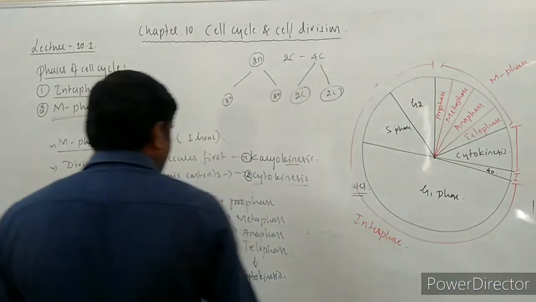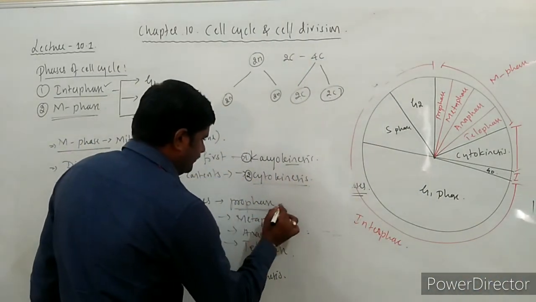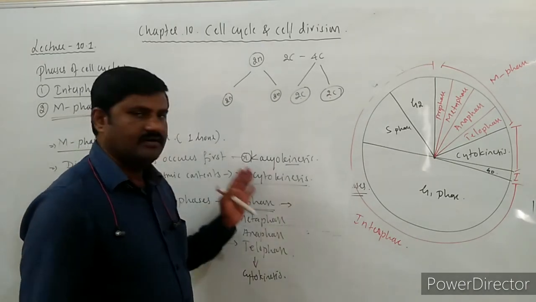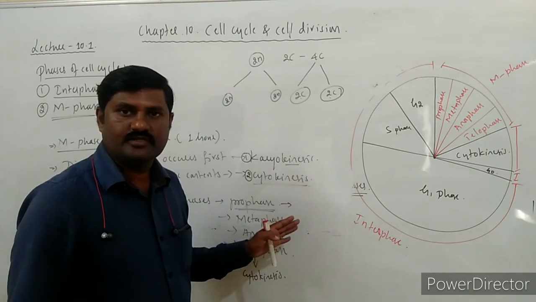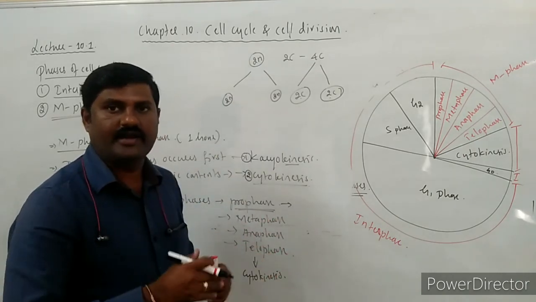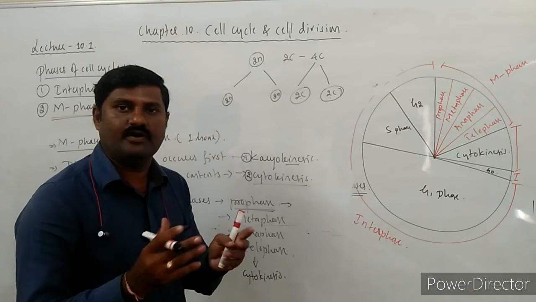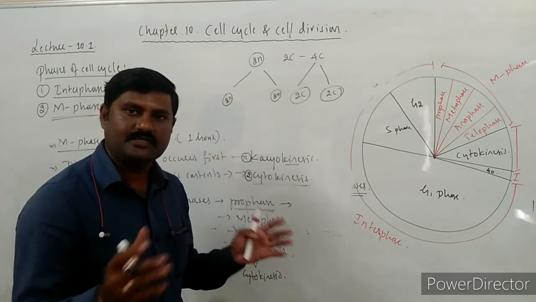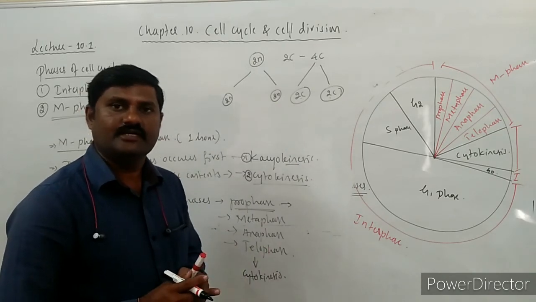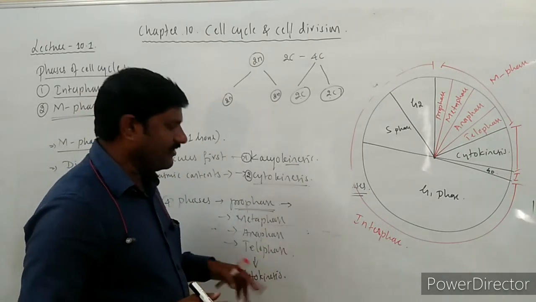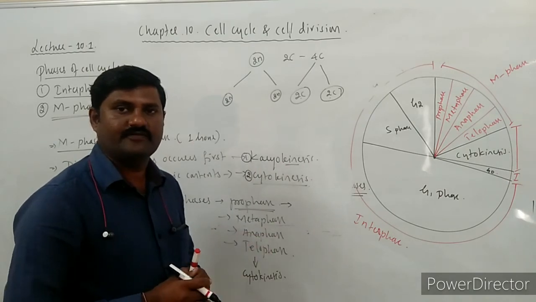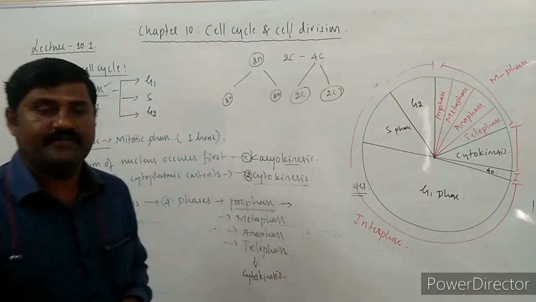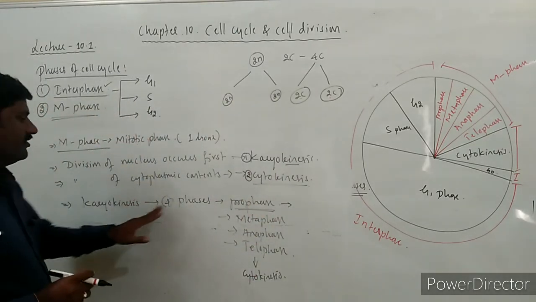So in the different phases, the condensation of the chromosomes takes place, and these chromosomes divide longitudinally to form 2 equal halves, to have 2 chromatids there, and the division of the chromosomes once again takes place. Like that, all those activities, the formation of spindle fibers, alignment of the chromosomes, take place in this M phase itself, during karyokinesis.